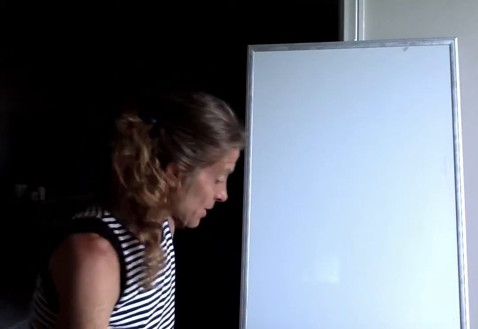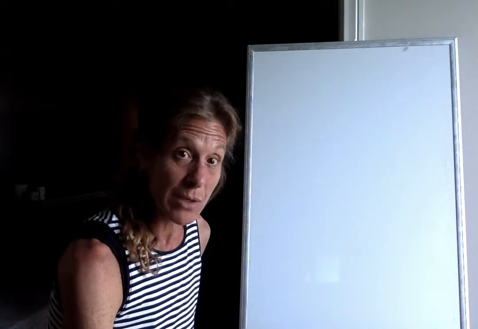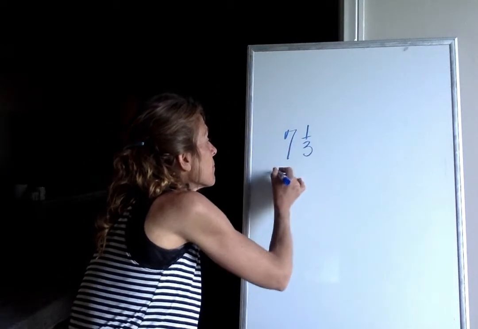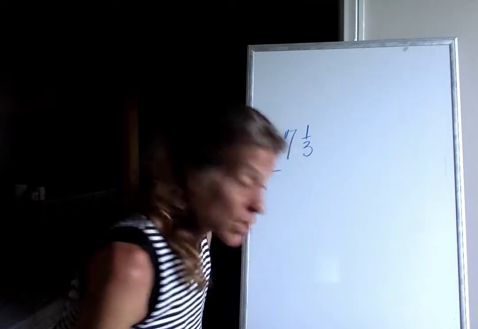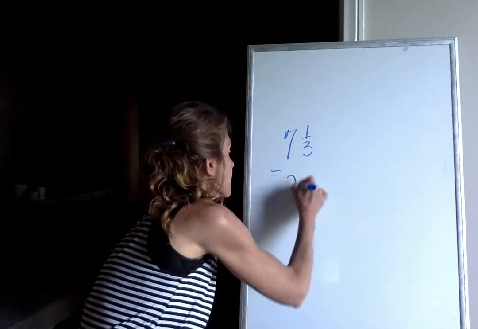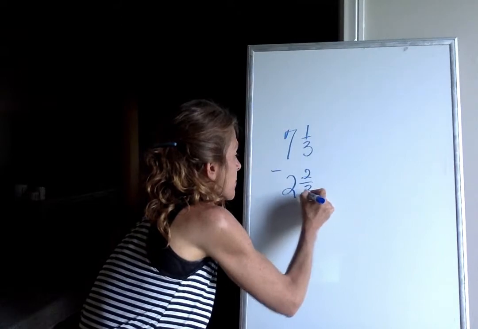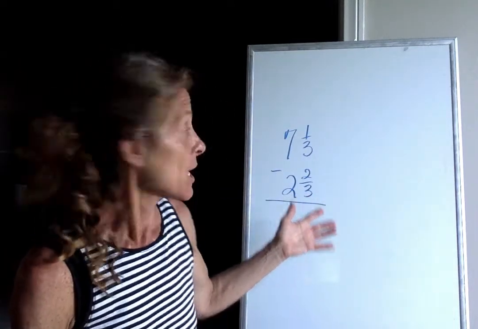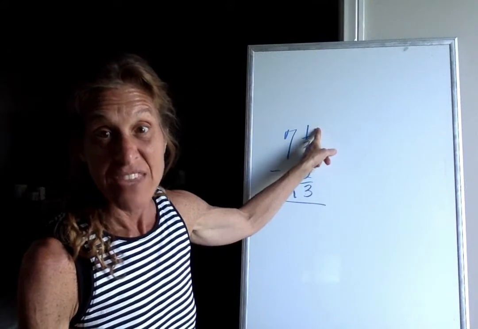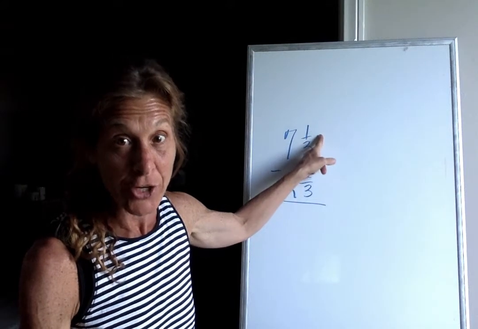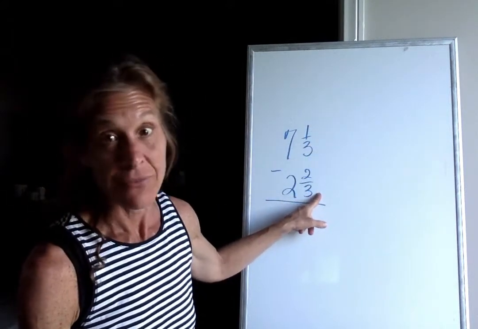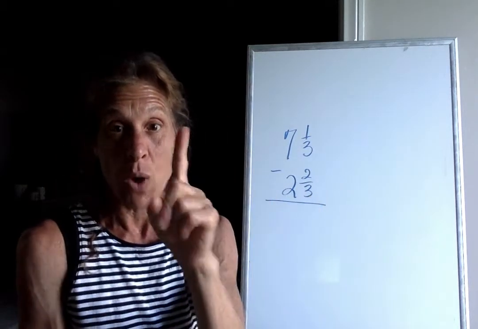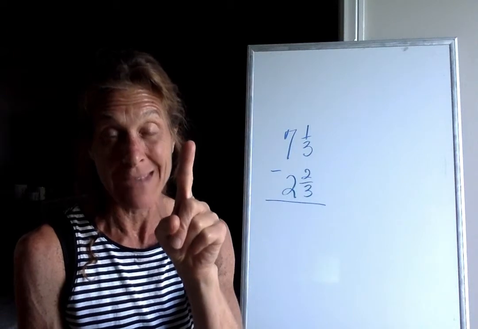Number 10. We have 7 1/3 minus 2 2/3. Looking at our fraction right away, we can tell ourselves, oh no, this 1/3 is not enough for the 2/3. I have 1. Can I take 2 away?